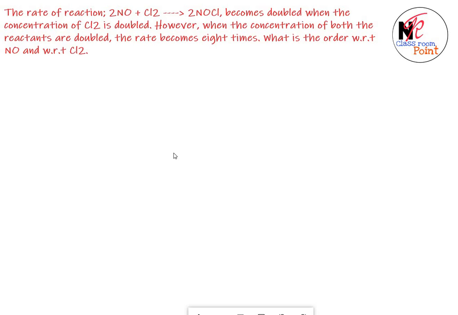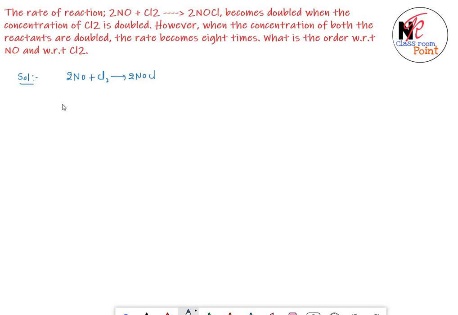So here three different conditions are given. So let us go with the initial. I'll write the given data so that we will be able to solve the question. The initial given reaction is 2NO plus Cl2 gives 2NOCl, and for this what they are saying is the rate of reaction becomes doubled when the concentration of chlorine is doubled.